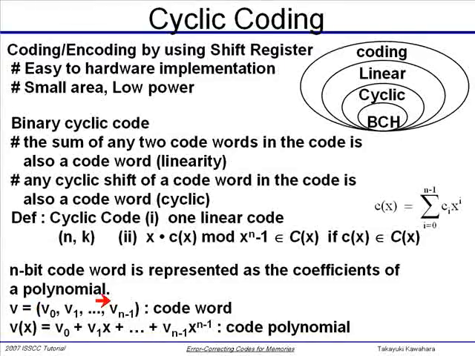This is expressed as a polynomial: v0, v1x, v2x squared, and so on up to vn times x to the power of n minus 1. So the code is expressed as a polynomial.